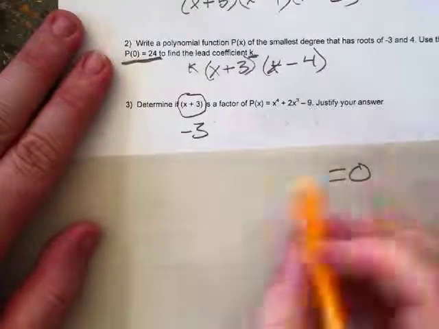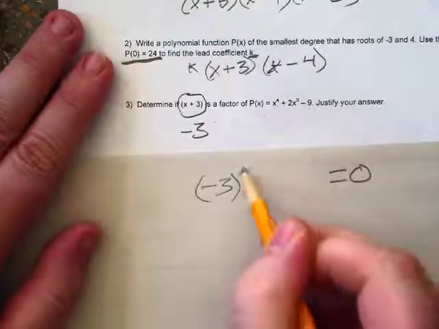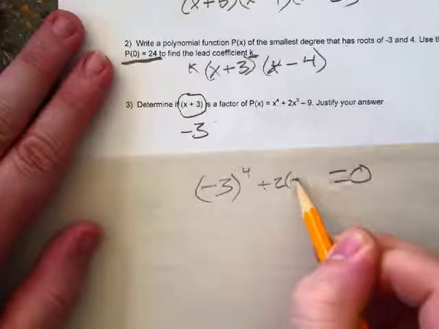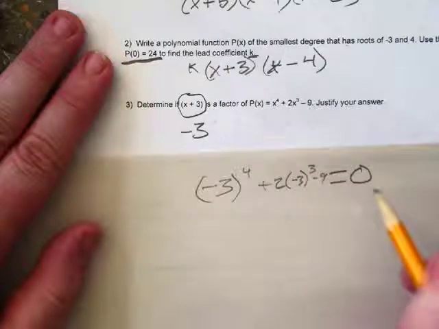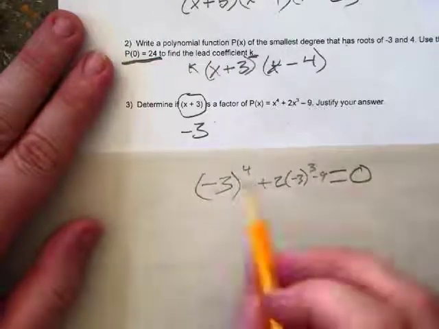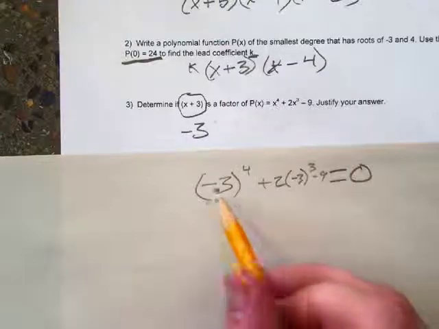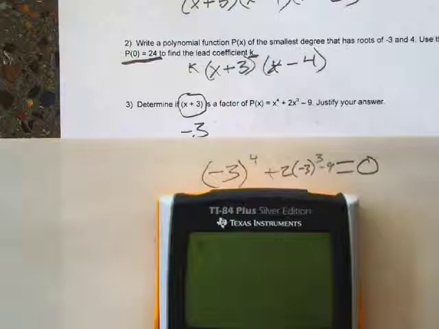So that means if I plug in a negative 3 to all the x's, and then minus 9, that has to be equal to 0. Is that the case? Well, negative 3 times negative 3 is 9. 9 times 4, let's see, that's to the 4th power, so I'm just going to use a calculator on that one. Make sure I get it right the first time.